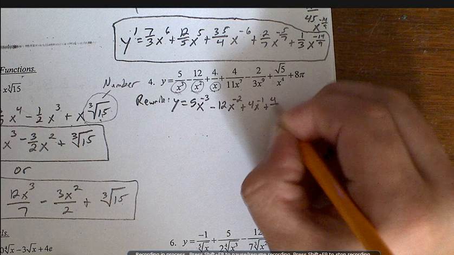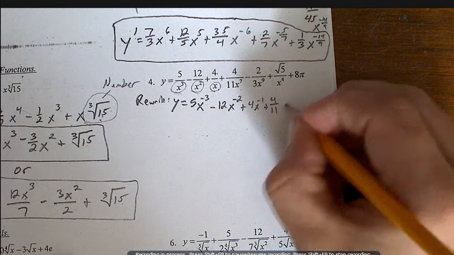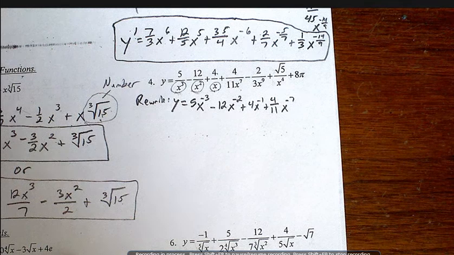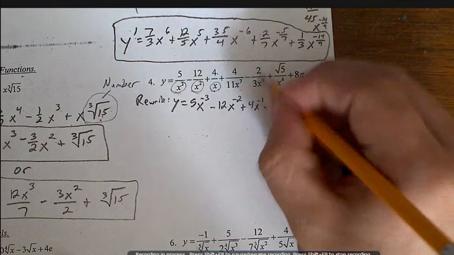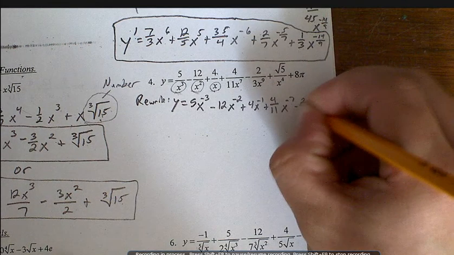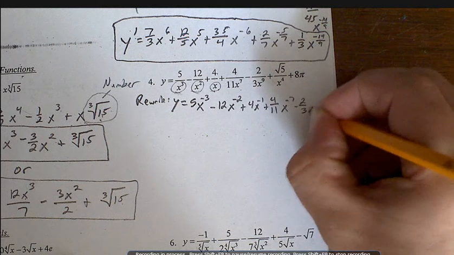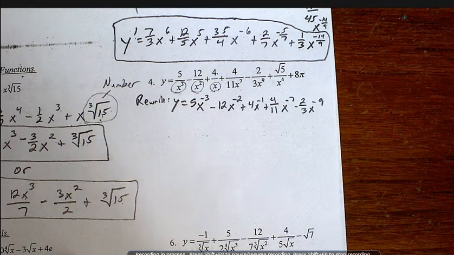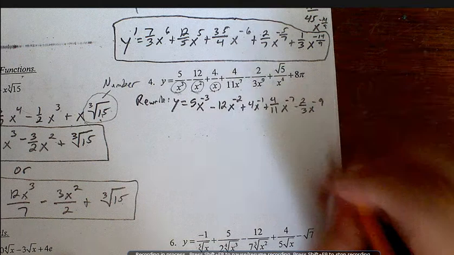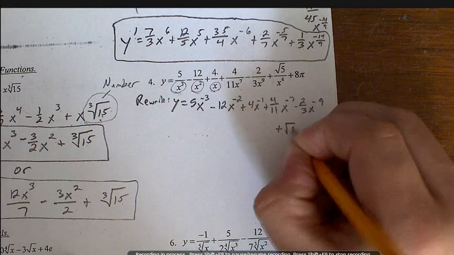I'm running a little short on space here, but I have plus the square root of 5 x to the negative 4th. And again, the square root of 5 is my coefficient for x, plus 8 pi. So now I rewrote it as an exponential function, so that I can now take the derivative easily.